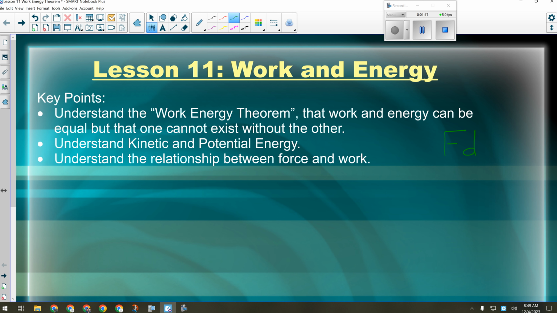If I multiply those two things together, what I'm doing is work. That definition was also in the first day. Work is a change in mechanical energy, or a transfer of mechanical energy. Heat was a change or a transfer of thermal energy. Work was a change or a transfer of mechanical energy.